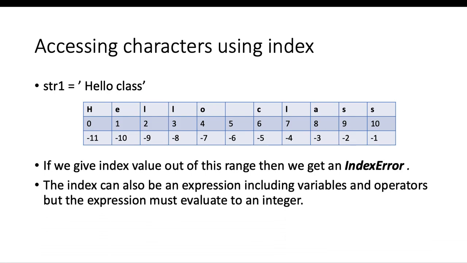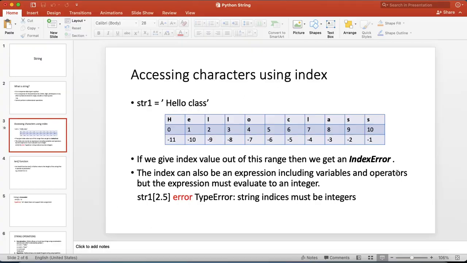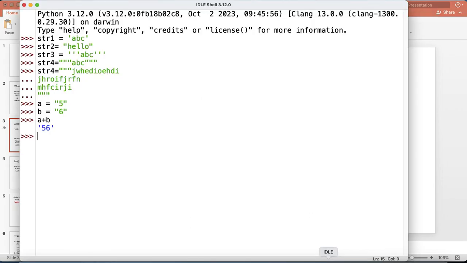An index can also be an expression including variables and operators, but the expression must evaluate to an integer. What does it mean? Take the example of our string str2, which is hello. If we try to access the third character, we can write 2 plus 1.